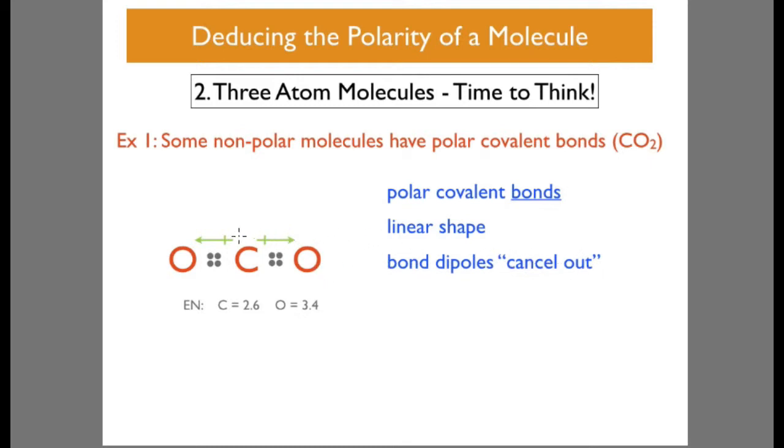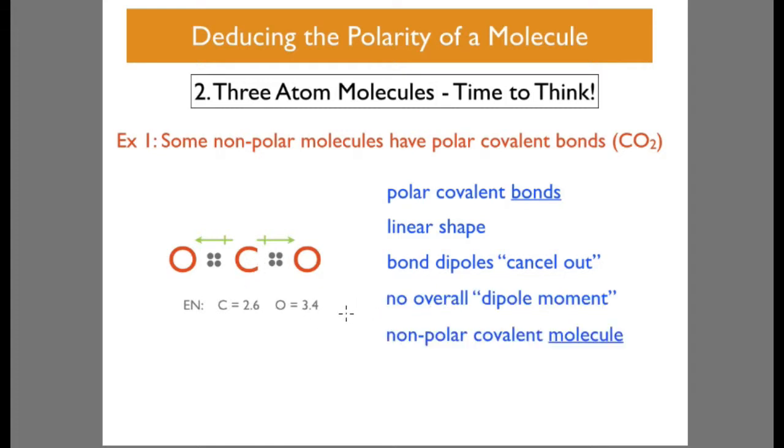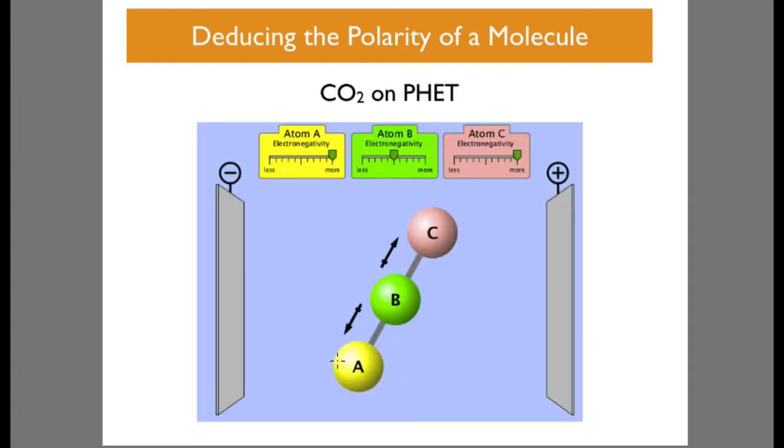You can see they're pointing in identical opposite directions and the same size, so there's no overall dipole moment, so it's a non-polar covalent molecule. Okay, so it has polar covalent bonds, but overall it's a non-polar covalent molecule. There's no dipoles or partial charges.